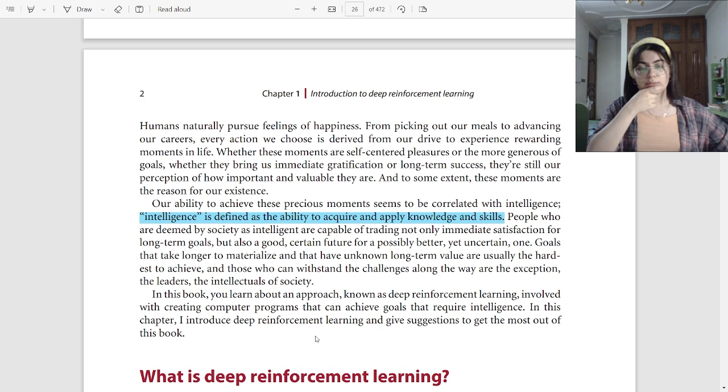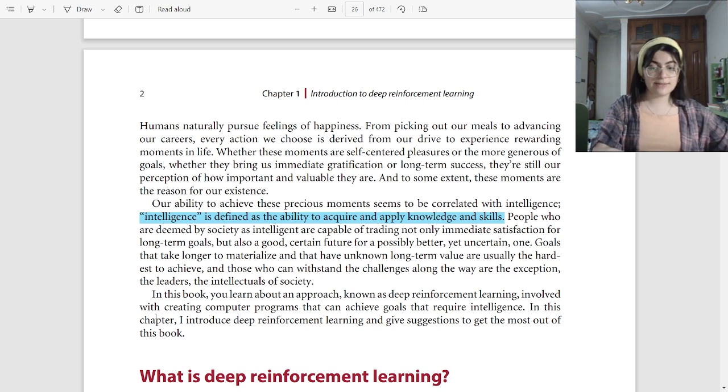So basically it mentions that humans naturally try to pursue happiness in life, and any rewarding moment is the thing that we try to seek. And these feelings are kind of the reason that we exist. And it talks about intelligence. It says intelligence is defined as the ability to acquire and apply knowledge and skills.